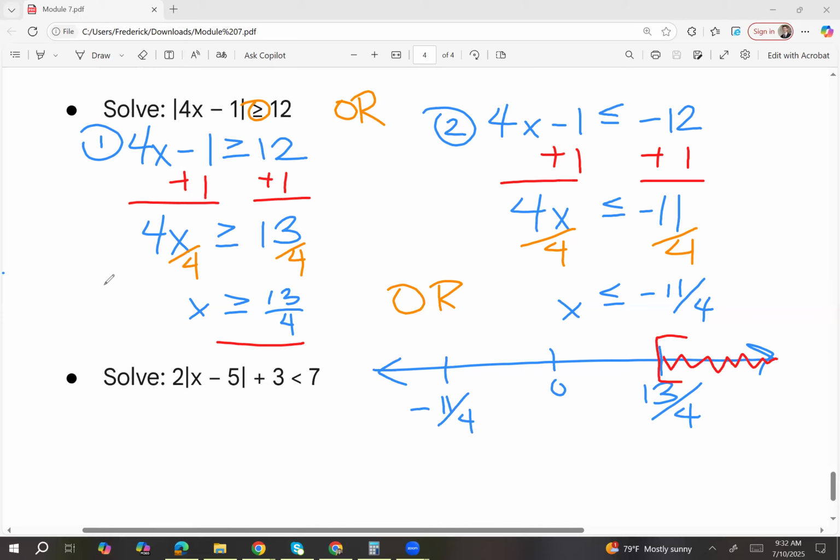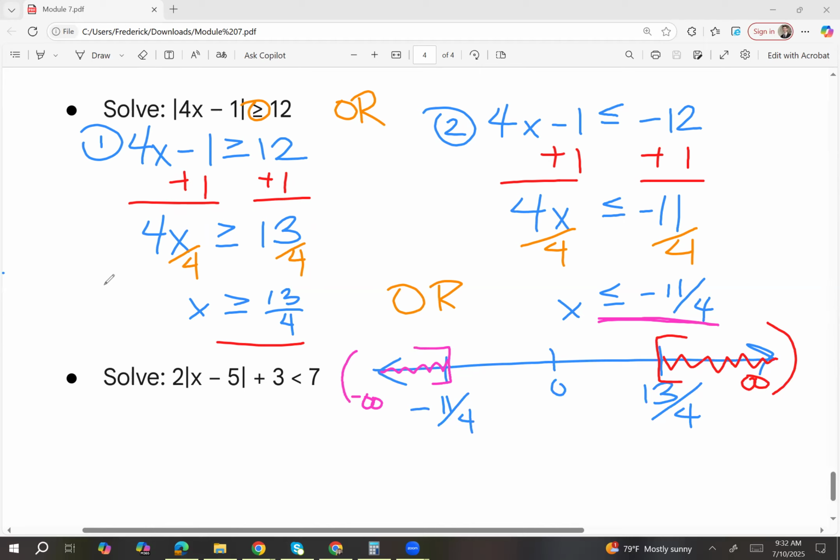Then on the other one, less than or equal to negative 11/4, so less than and can be equal to, the square bracket. That goes down infinitely. We use paren on that side. The other side goes up infinitely. We use paren on that side. Paren's always on the infinity side.